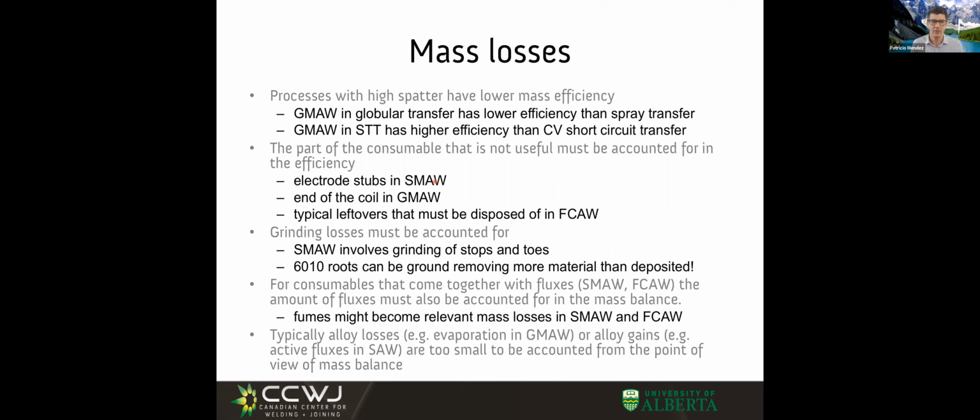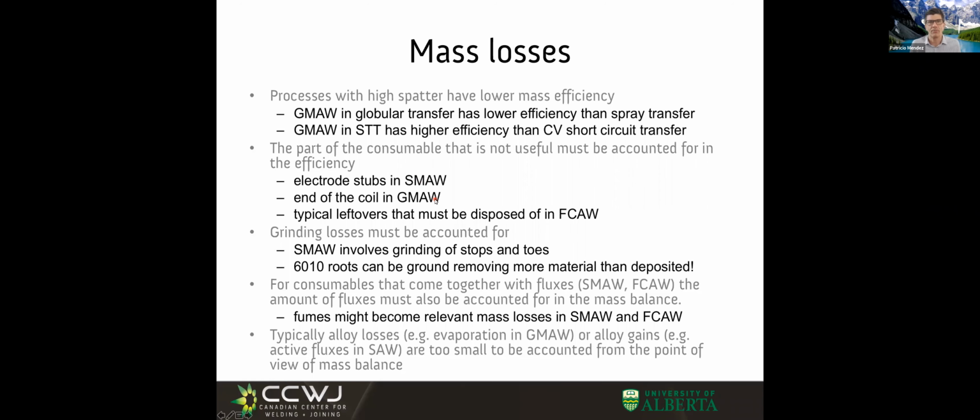And we do not have a unit on cost in this class, which might be fixed at some point in the future. But we are almost there as we understand how much mass, how many kilograms of electrodes we need to buy if we want to make so many kilograms of weld. In stick welding, it is quite a bit more because of the stub losses.